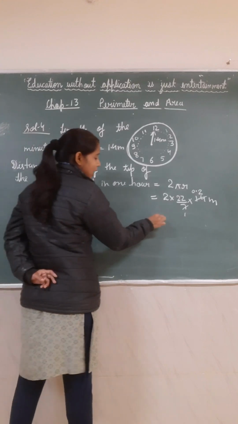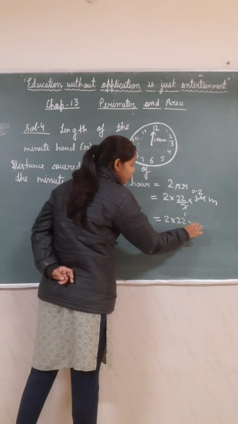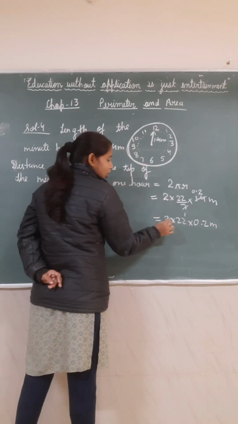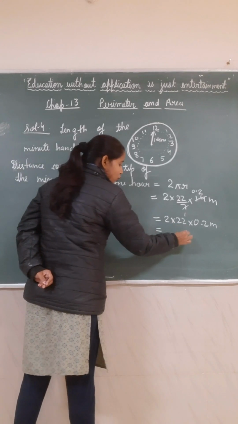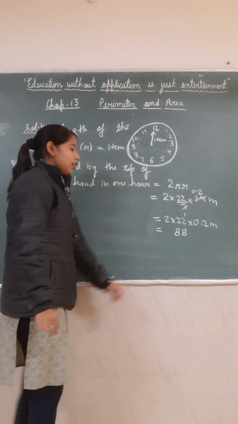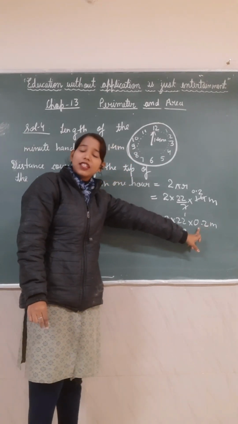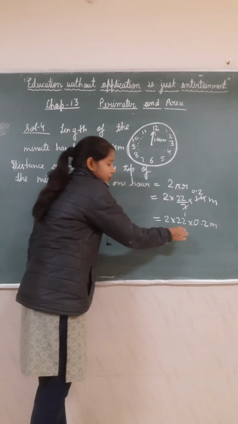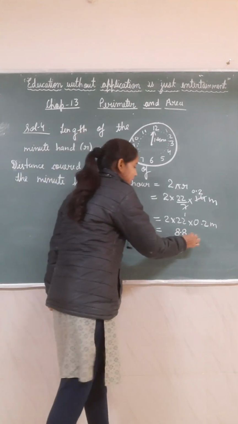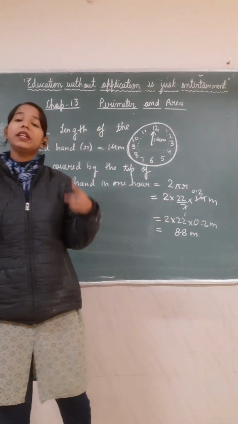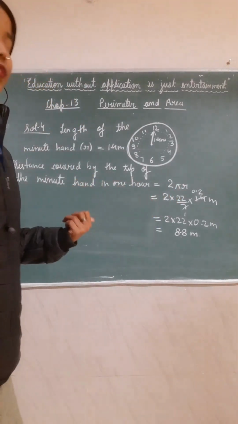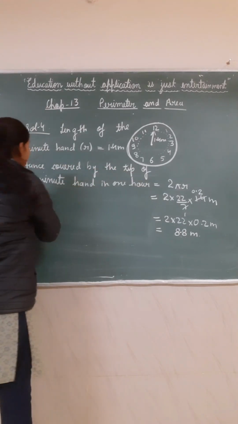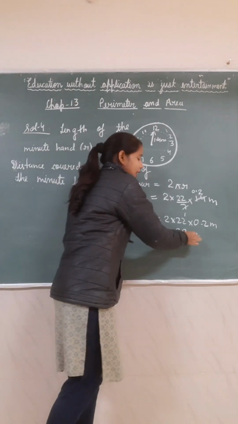Now we have to multiply 2 into 22 into 0.2 meter. 2 twos are 4 and 4 twos are 8, but here there is one digit after the decimal, so we put the decimal after one digit. The unit will be meter because we have to find the circumference, not area. So the distance covered by the tip of the minute hand is 8.8 meter.